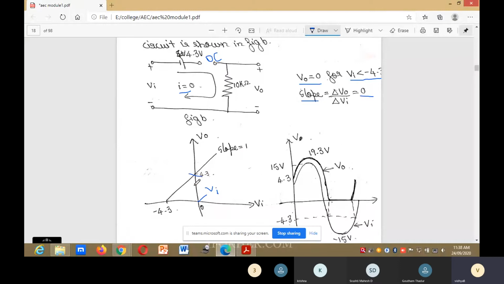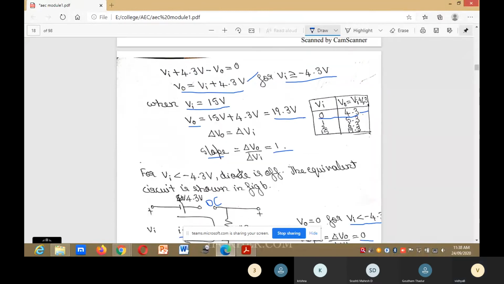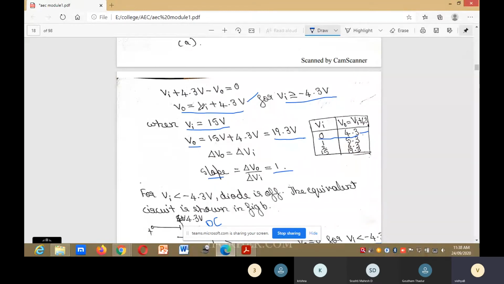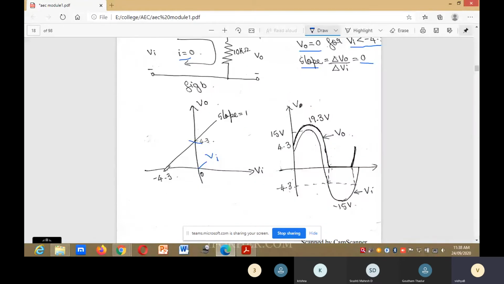Mark that point. When Vi is equal to minus 4.3, if we substitute minus 4.3, the output you'll get is 0. When Vi is equal to 0, the output is positive 4.3.